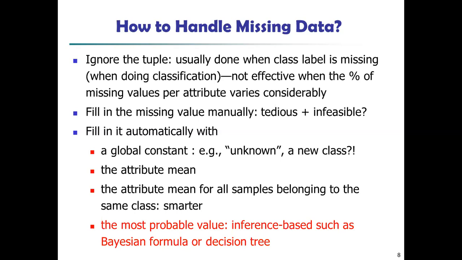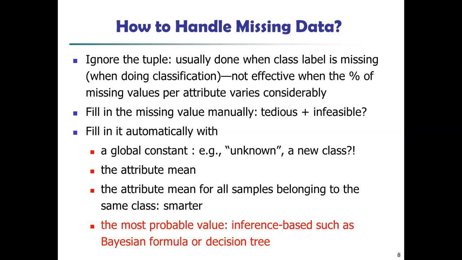Manually filling is tedious and infeasible for large data. Otherwise, fill automatically with a global constant, for example unknown, a new class, or the attribute mean.